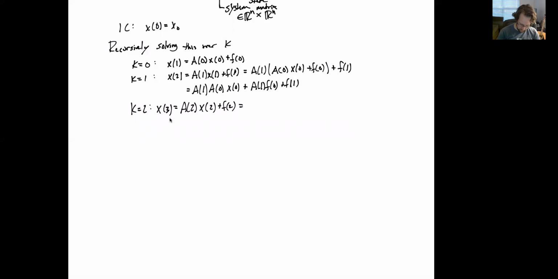So then this will lead to A2 times A1 times A naught, plus A2 times A1 times f naught, plus A2 times f1, plus f at time 2. Okay? And then this continues.